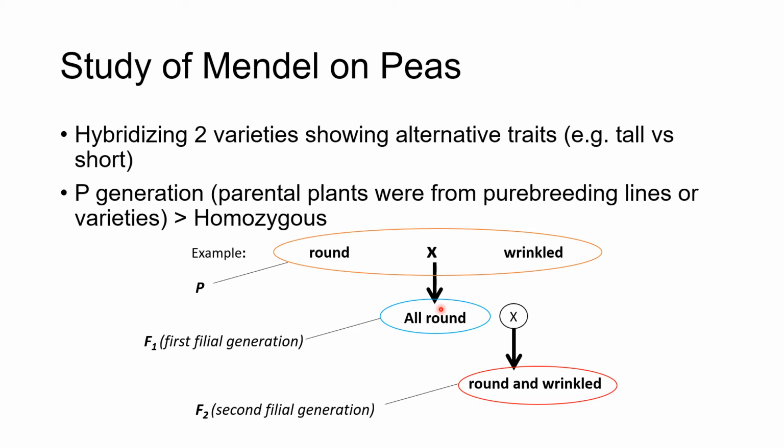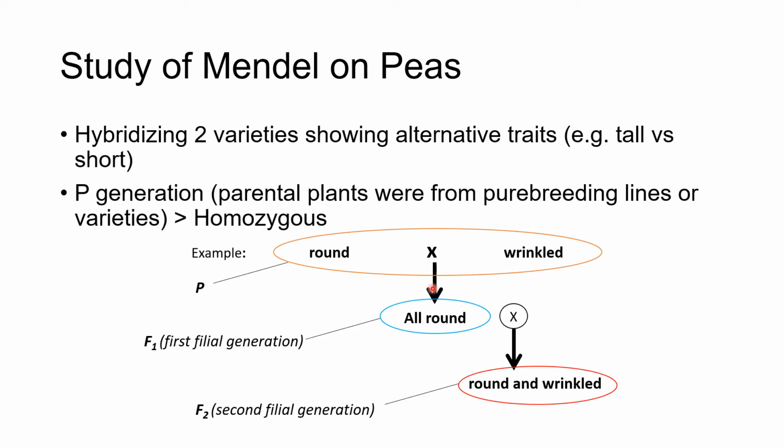So, meaning, isa sa mga to is dominant, isa dito is recessive. So, since yung na-express doon sa mga anak ng parent plant is all round, meaning itong round na to, this is the dominant one, and then yung wrinkled, this is the recessive one. So, yun yung explanation kung bakit all round lahat yung nakita niya.